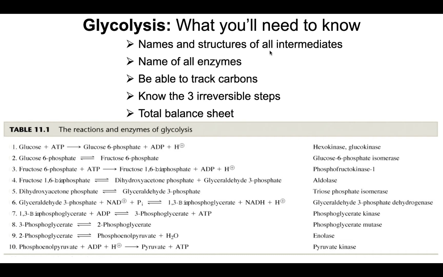Ideally, I want you to be able to sit down on a piece of paper without having any other materials in front of you, draw the structures of all the intermediates, name them all, name all of the enzymes that catalyze each of the 10 steps, track the carbons, and I'll talk about what that means in a moment, know which of the 3 steps are irreversible, have such a negative delta G that they are under physiological conditions irreversible, and then the total balance sheet, what goes in, what comes out.